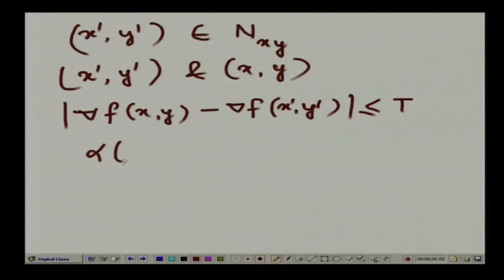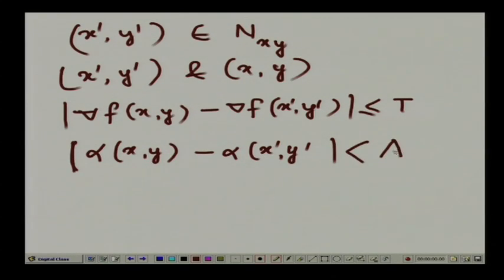That means alpha x y minus alpha x dash y dash should be less than some angle threshold A. So, whenever we have a point x dash y dash in some neighborhood of x y with similar gradient magnitude and similar angle for the edge orientation, we say that these two points are similar and those points will be linked together. Such an operation has to be done for each and every other point in the edge detected image to give us some meaningful edge description.